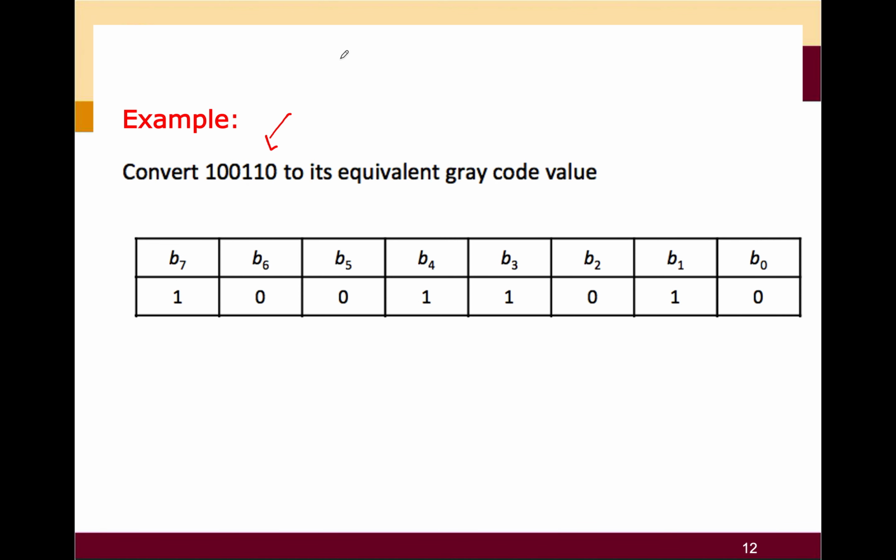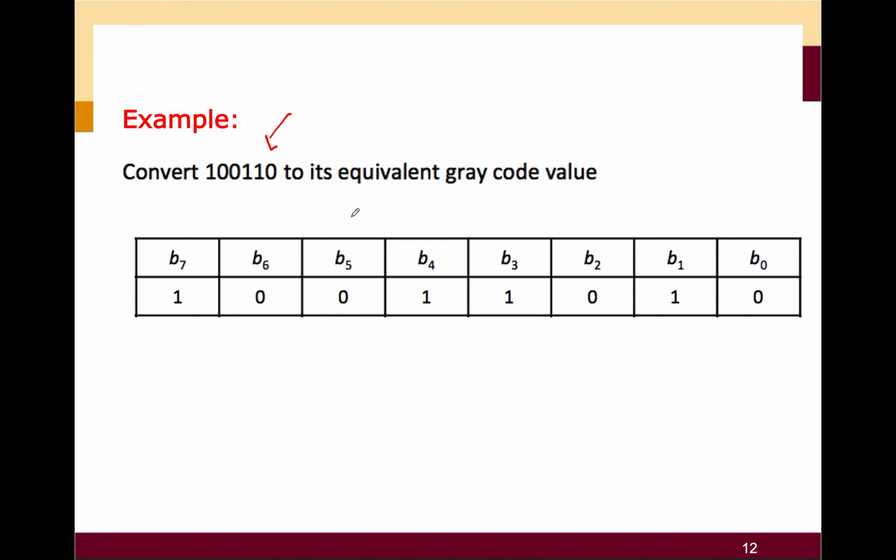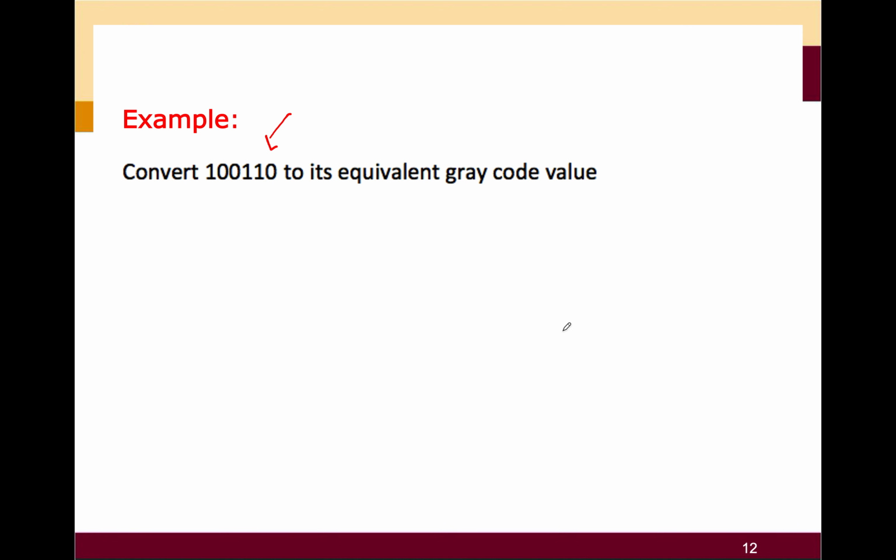So this is your binary, and first of all you need the plus equation, or in the first example, the MSB will directly go to the bottom, which is the gray code. That's why you get 111011. Later on in the example you will see more clearly.